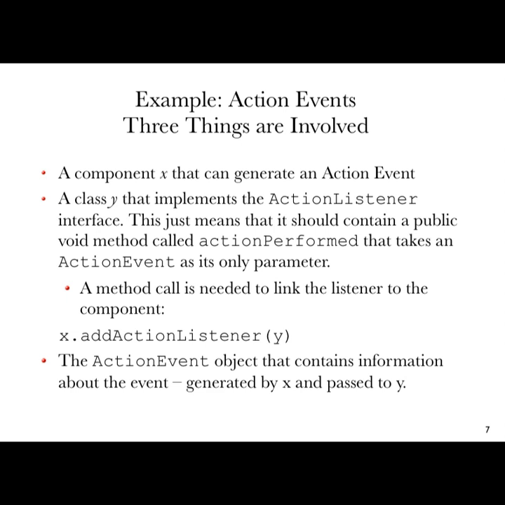The components all have a method, which is to add an action listener. So X might be the button object, and you add some listener to it, which defines what happens when that button is clicked. That basically tells you what happens when that event occurs. That's very straightforward.